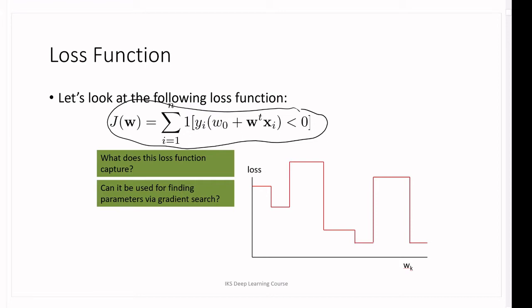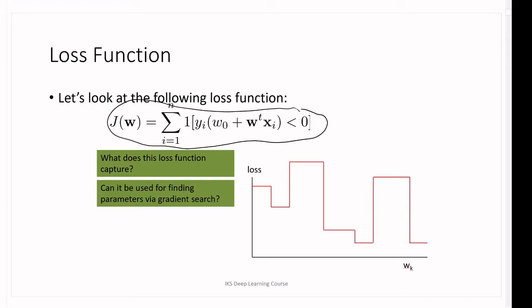That is, the input example is supposed to be from the positive class, and we expect our model to produce an output that indicates that the input example is from the positive class. And of course, for our model to do that, W0 plus W transpose Xi has to be positive.